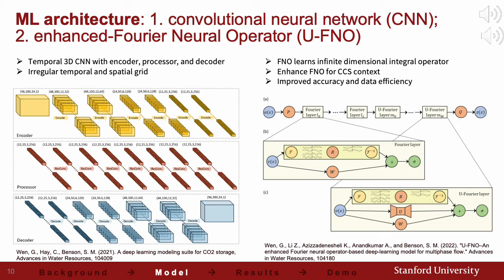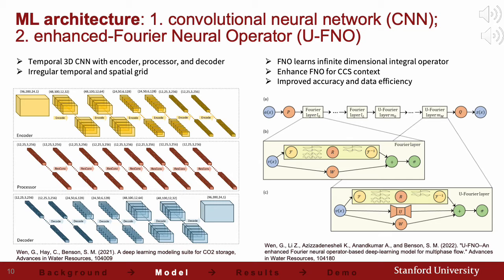And similarly for the spatial grid, we need higher resolution near the injection well and coarser resolution away from the injection well. So using this irregular temporal and spatial grid, we were able to consider a much larger reservoir box and a much longer time frame that can satisfy our need for predicting in the CO2 storage context.